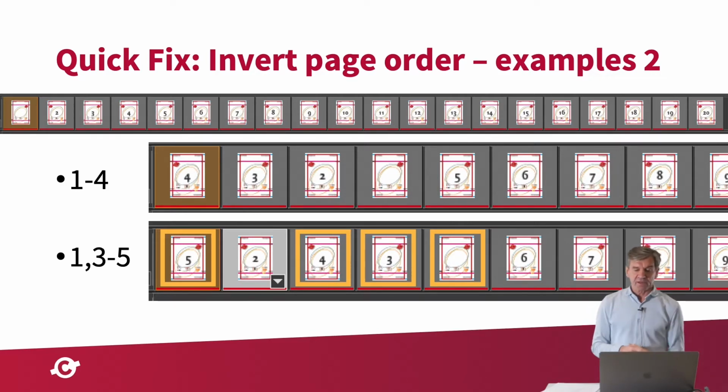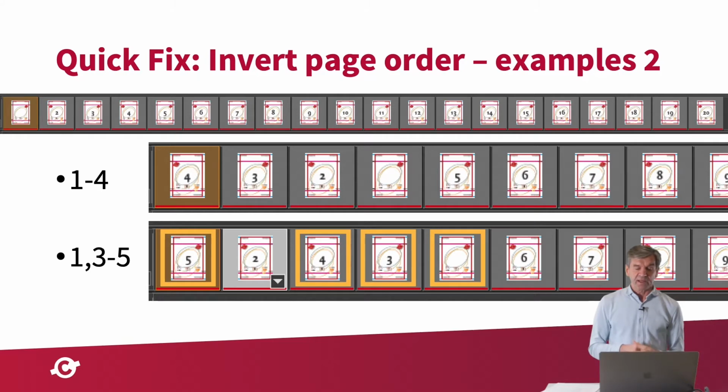And here we have an example. If I say 1 to 4, it will just invert the order of the first 4 pages in my PDF file. And if I use 2 ranges, or non-consecutive ranges, 1 and 3 to 5, it would take those pages out of the PDF file, invert their order, and put them back into the PDF file.